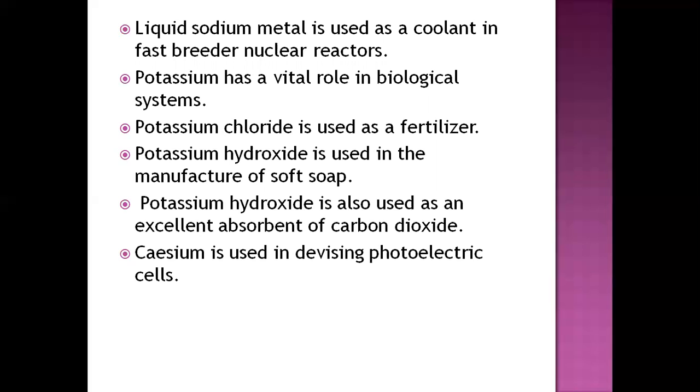Cesium is used in devices based on the photoelectric effect. I've already told you this, in solar panels. So what is the photoelectric effect? When an electron absorbs light or photons, it leaves the vicinity of that atom and moves out. That is the photoelectric effect, and this property is used in solar panels. Cesium metal is used in solar panels because whenever sunlight falls on the solar panel, the electron absorbs that light.